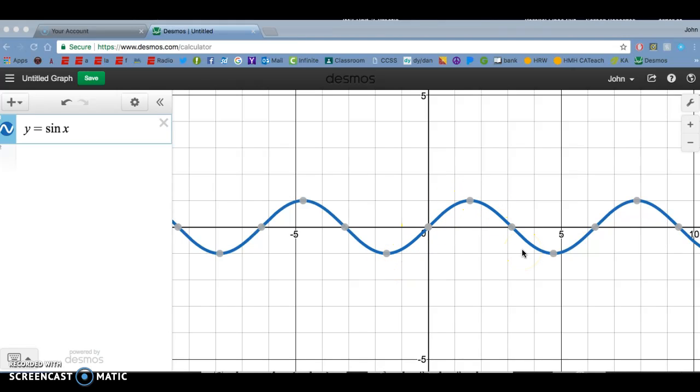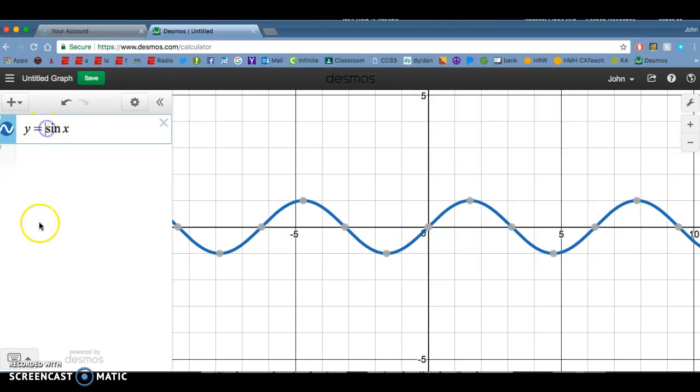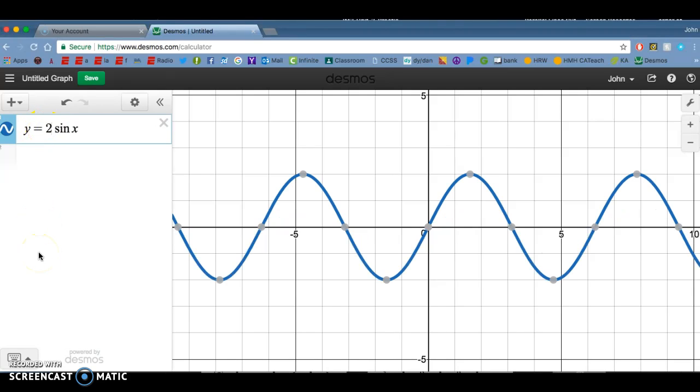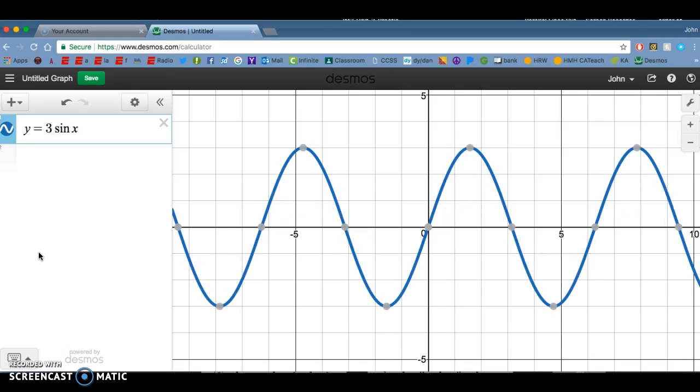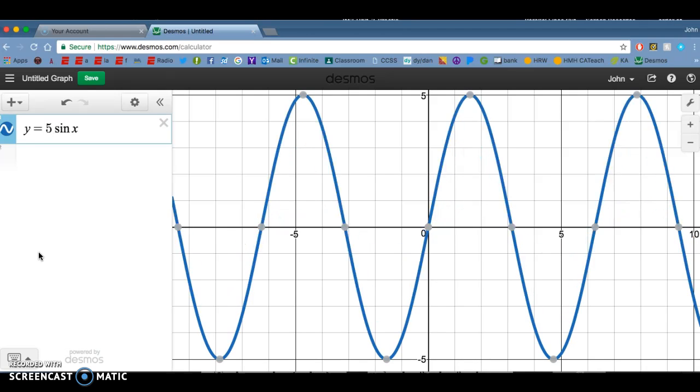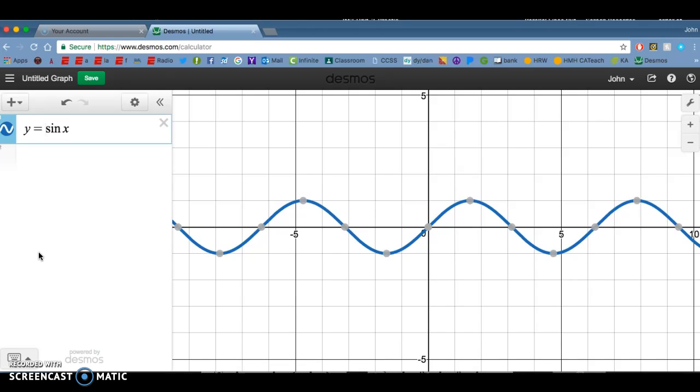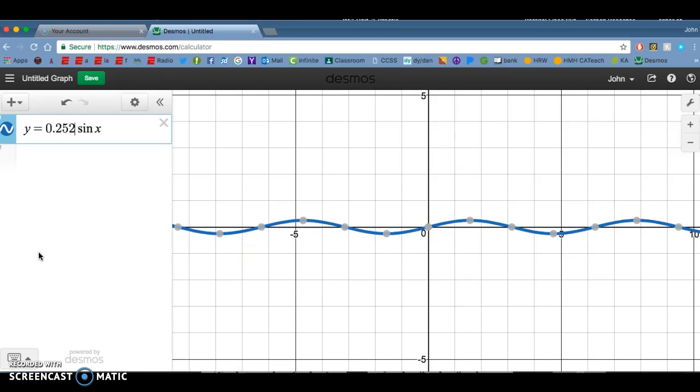But really, what we're concerned with in our sine function is the height of each wave and the domain restriction. So we can alter the height by changing the coefficient of our sine function right there. The higher we go, the larger our waves look to be. We could also make them smaller by using decimals.